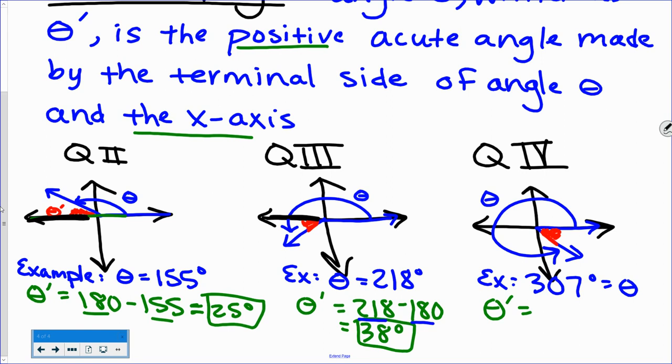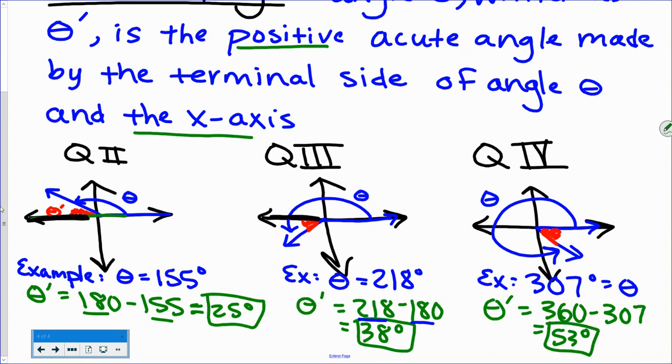But now I've gone past 180 and I'm focusing on the x-axis, so all the way around would be 360 minus 307, and what's left over would be your 53 degrees.